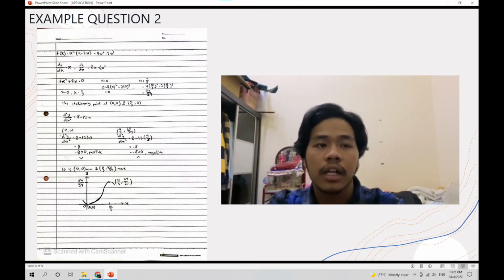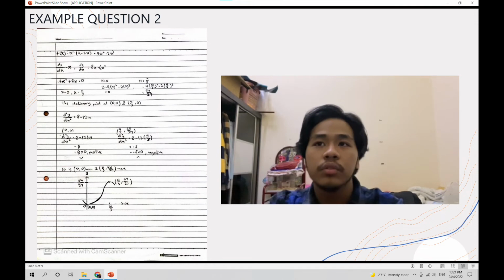When you get negative 6x squared plus 8x equal to 0, you use the calculator, then you get x1 equal to 0 and x2 equal to 4 over 3.